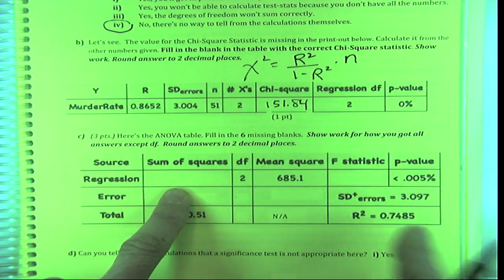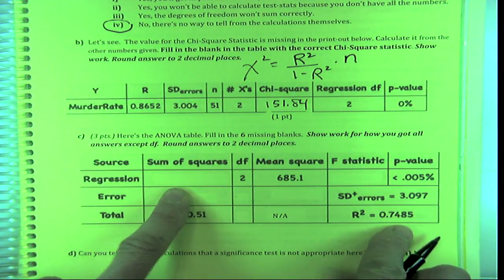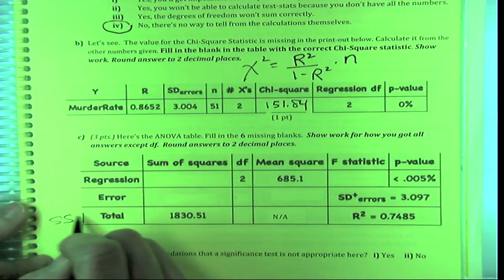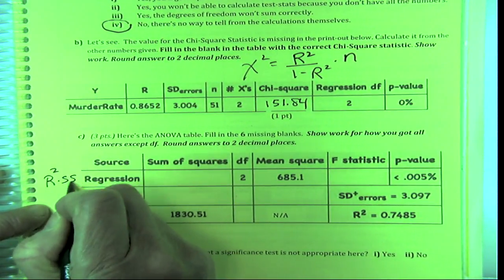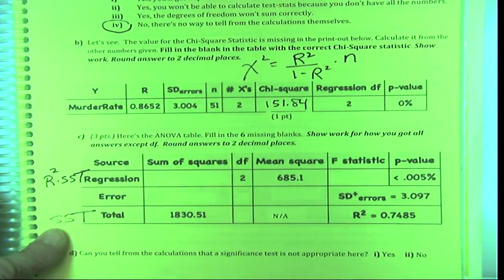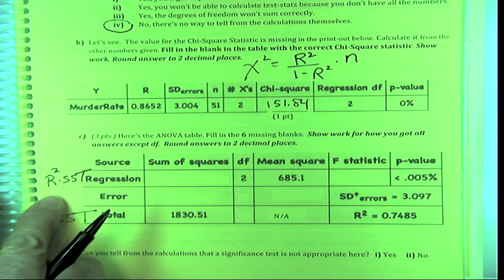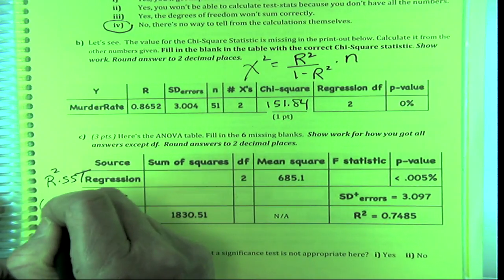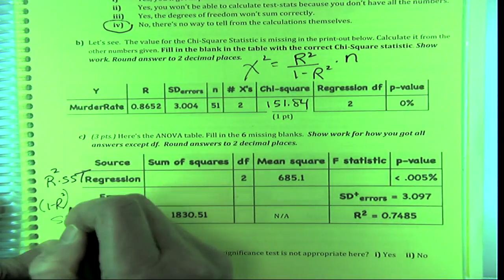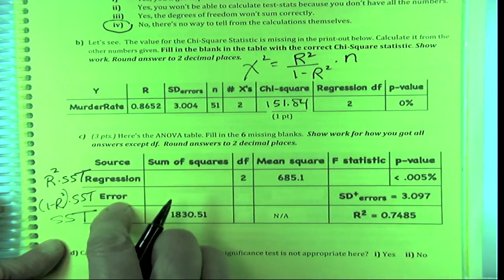Well, remember, this is SST. This is the whole crux of this. You're dividing up this total variation into two parts. One's the proportion due to the model, the regression, which is R squared times SST, and the other, 1 minus R squared, is the proportion left in the errors.